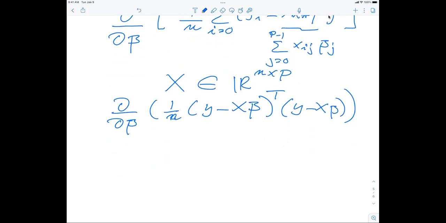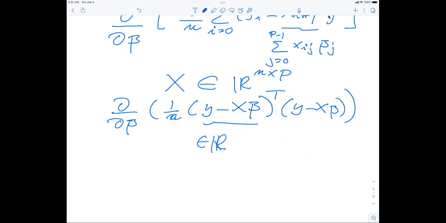So if I take the derivative, this becomes a scalar now. Keep in mind, this object here is a vector of dimensionality length n. So we have y transposed here, and when I multiply with that one, I just end up with a scalar.